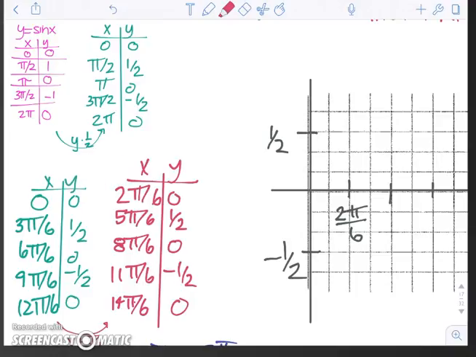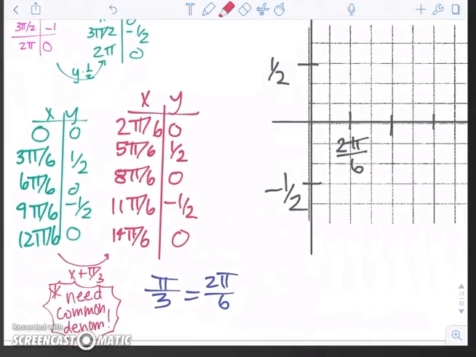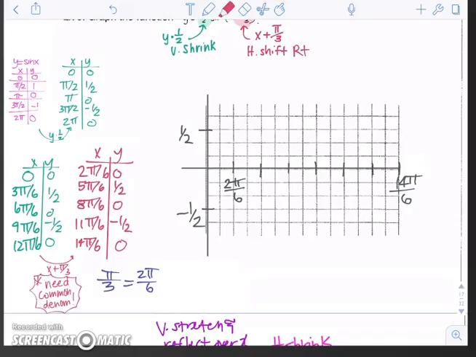And so then from the next two, I ended up adding pi over 3. Pi over 3 is really 2 pi over 6. I got a common denominator and then added 2 pi over 6. Now I'm going to move to the graph, and you can see I went carefully so that I could go all the way out to 14 pi over 6. That's my last x value, and so I'm going to plot these points. And when I plotted my xy values, this ends up being my final function.